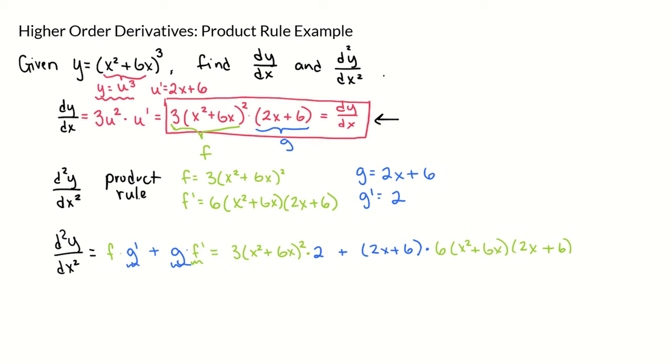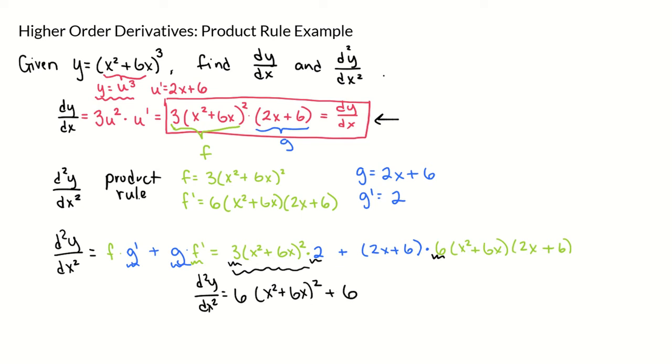And this is correct, but we can rewrite it a little bit more nicely. So we're going to rewrite it: d squared y/dx squared equals, multiply the 3 and the 2 here to get 6 times (x squared plus 6x) squared for this whole first term. And then in this second term, we have again a 6.